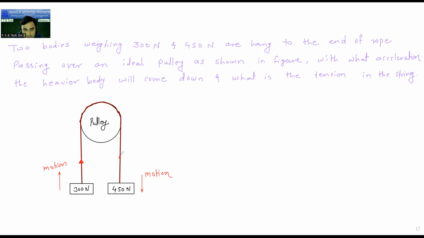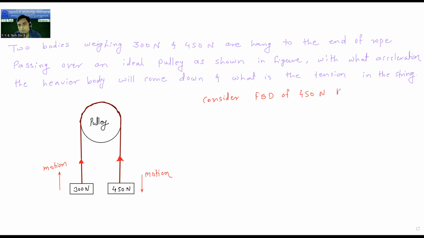Here also tension will be there, and the arrow should be away for the tension. Now we need to find out the acceleration and tension in the string. So first of all, we will consider the free body diagram of this 450 Newton block.